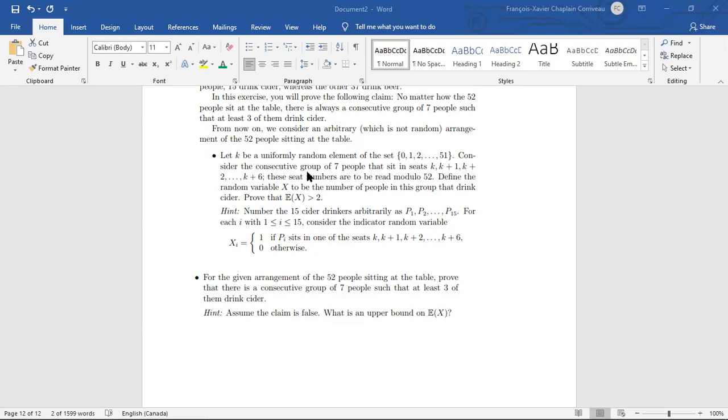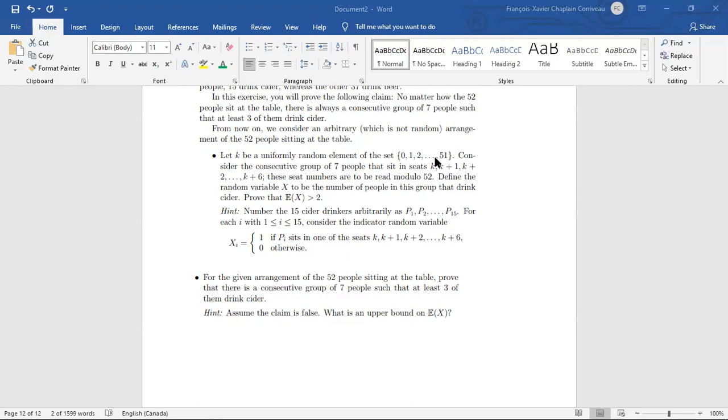Consider the consecutive group of 7 people that sit in seats k plus 1 up to k plus 6. These seat numbers are to be read modulo 52. That makes sense because we're in a circle, right?